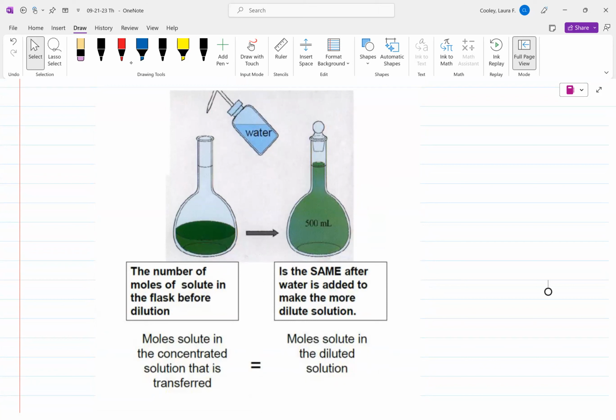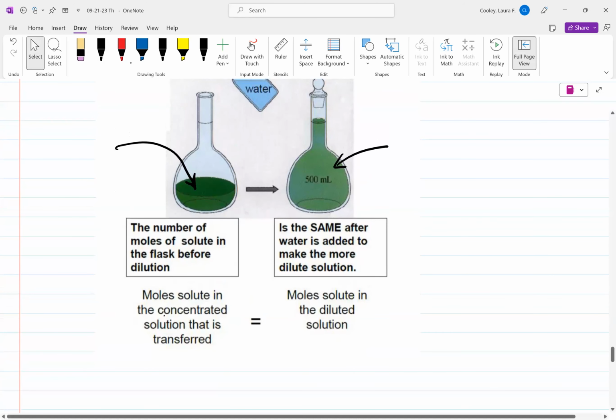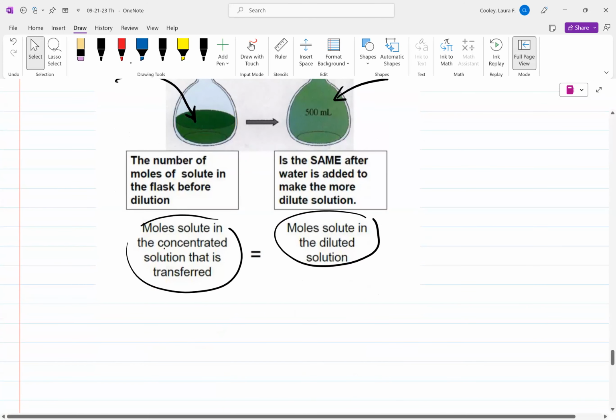Here's what you have to remember to get to the next part: the number of moles of the solute in this stock solution is the same as the number of moles after you add the water. So the moles of solute does not change when you add water. You have the same moles of solute in the concentrated solution that is transferred as you have in the diluted solution.